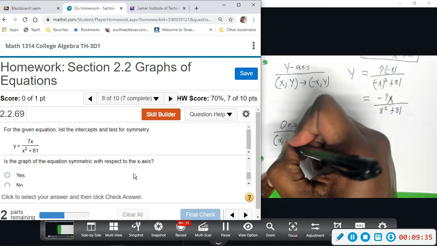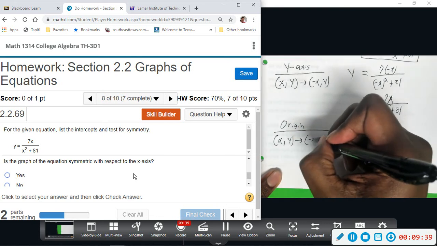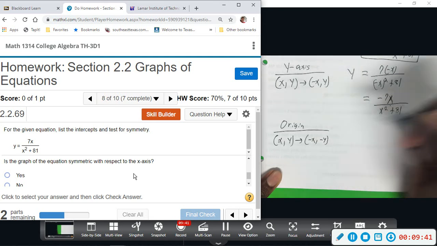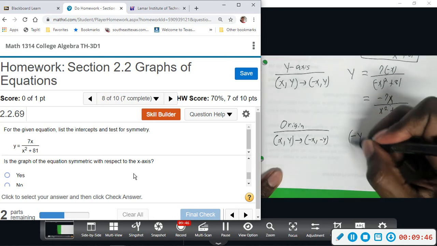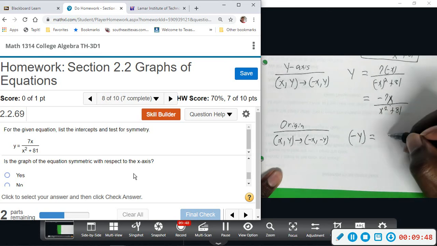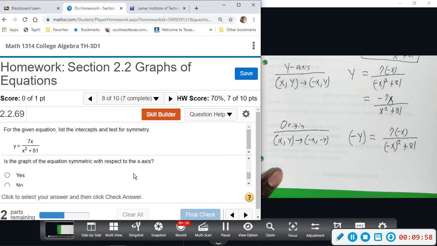Okay, now origin changes both. You take your x and y value, you're going to make them both negative. Alright, so that means a negative y over here, and then you have 7 times negative x over negative x quantity squared plus 81.